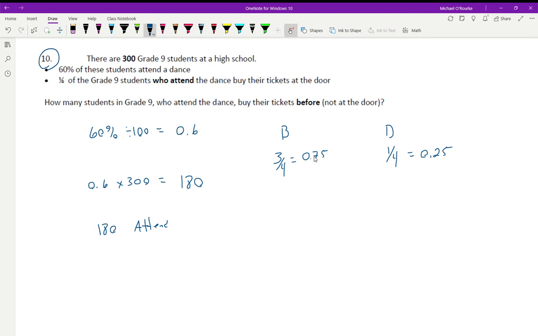So 3 divided by 4 is this. So to find how many buy their ticket before, it's 75% of this. So 0.75 times 180, which equals 135 students bought it before.